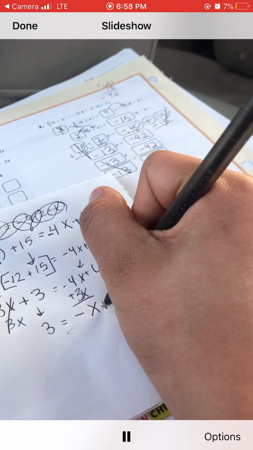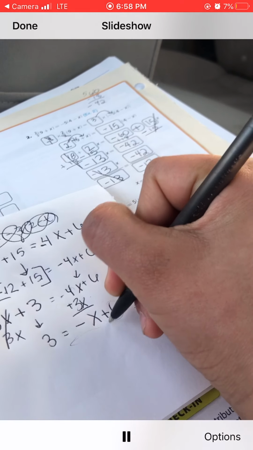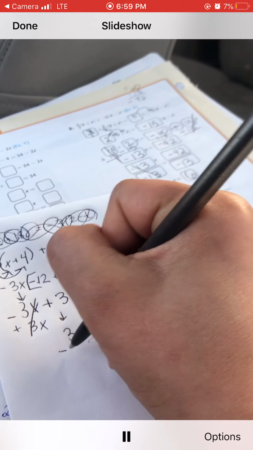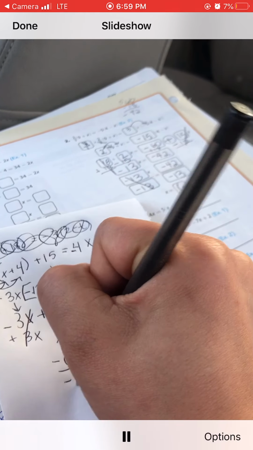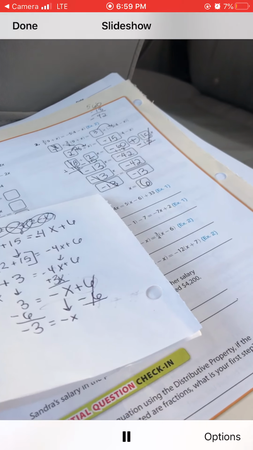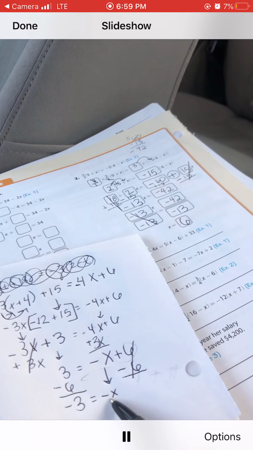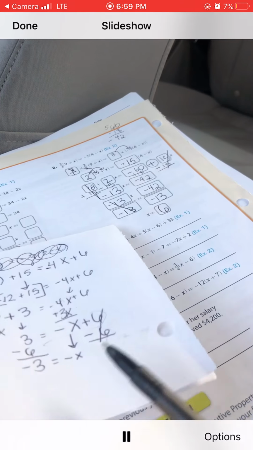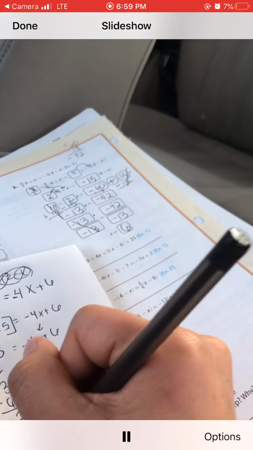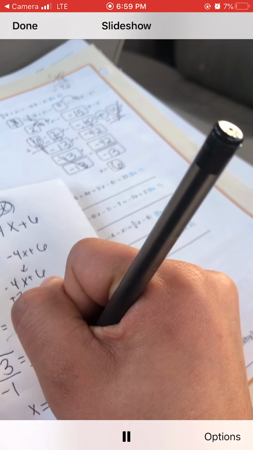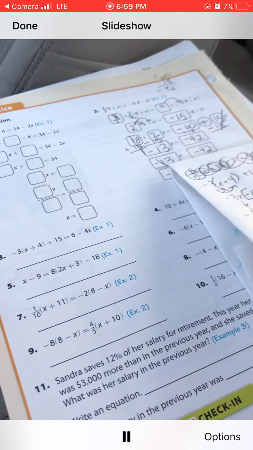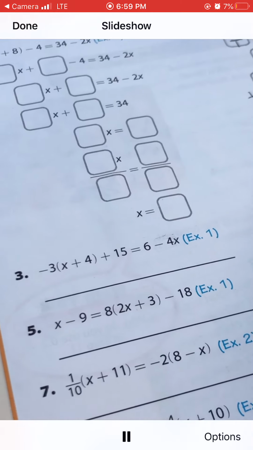So if that's a positive 6 and I want to cancel it to equal 0, I will subtract 6. And what you do to one side, you do to another. And we're just dropping down. Now I don't want to know what negative x is. I want to know what x is. So I will subtract that negative number, giving me x equals 3, which is what number 3 is going to be.